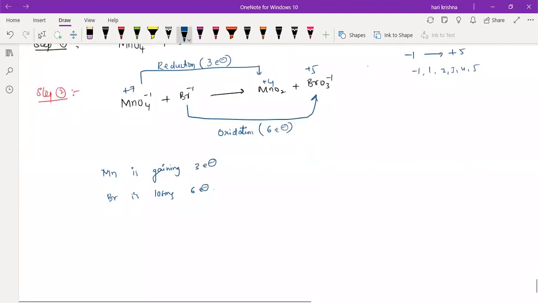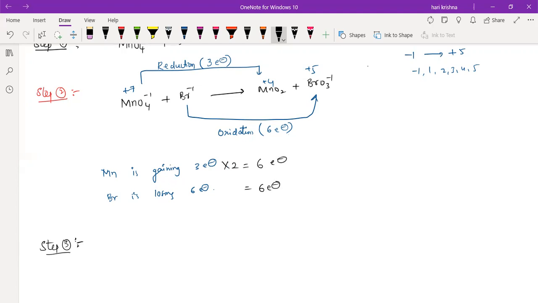Now tell me how to equate this one. That is step number 3. How to equate? Sir, multiplying by 2. Which one do you have to multiply with 2? Manganese or bromine? Sir, manganese. Very good.